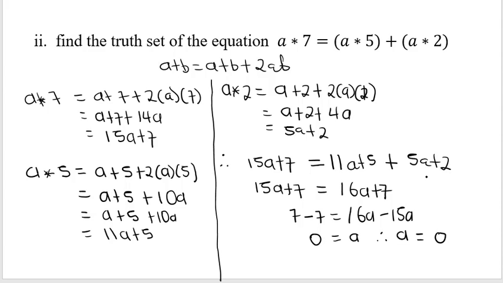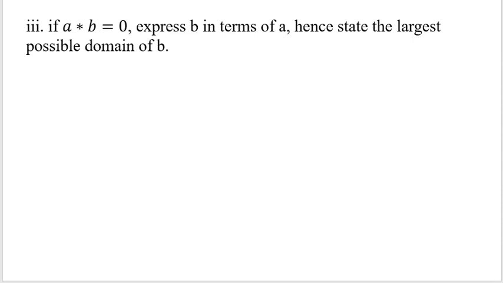Now let's move on to the II. For the II, the question is, if A star B is equal to 0, express B in terms of A, hence state the largest possible domain of B. What the question is asking you to do is to try expanding the A star B using the definition for the star operation.